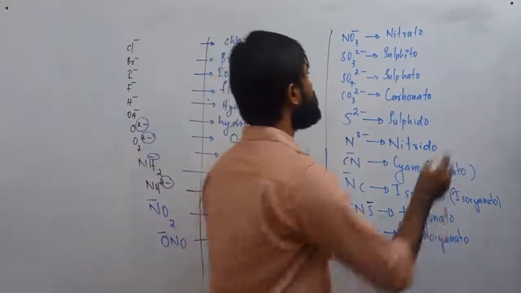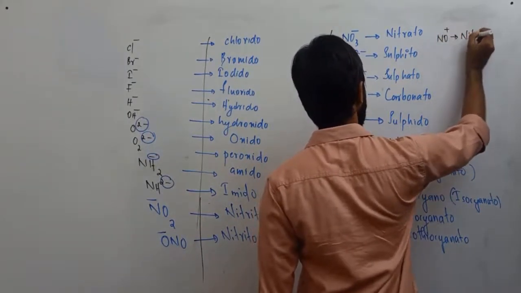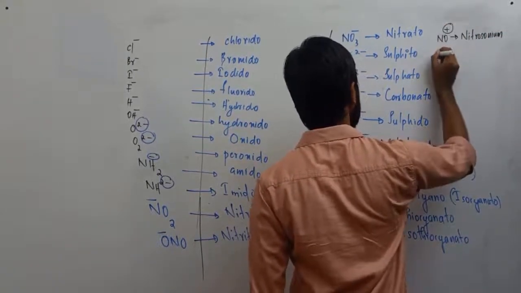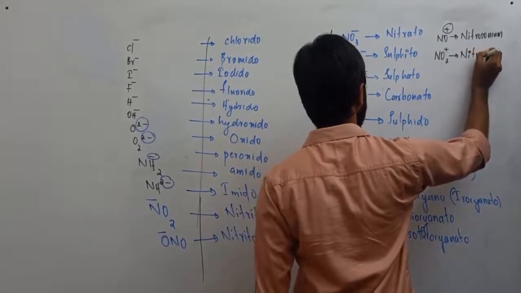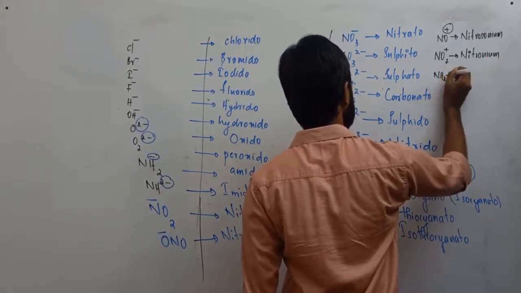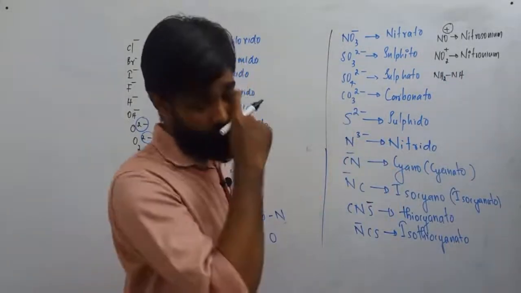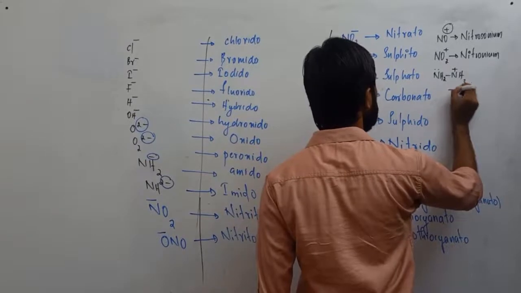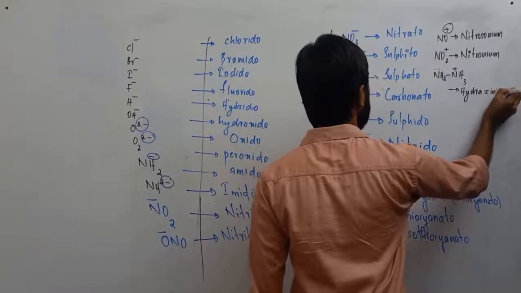Some positively charged ligands also exist. For example, NO plus, nitrosonium, charge +1. NO2 plus, nitronium, charge +1. NH2NH3 plus, hydrazinium.